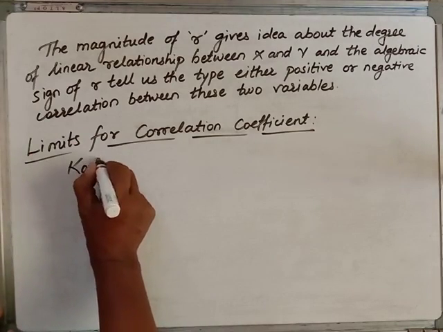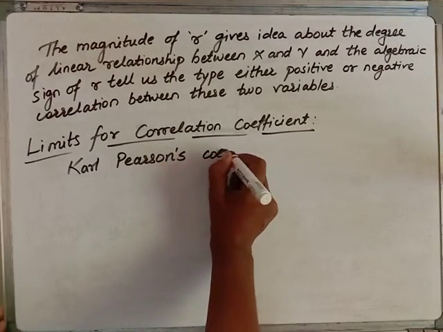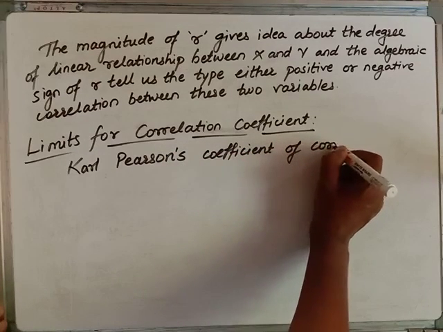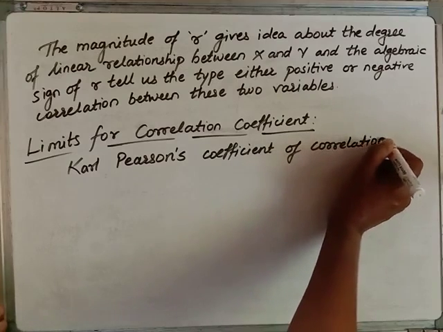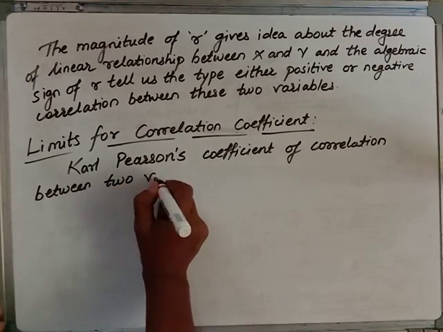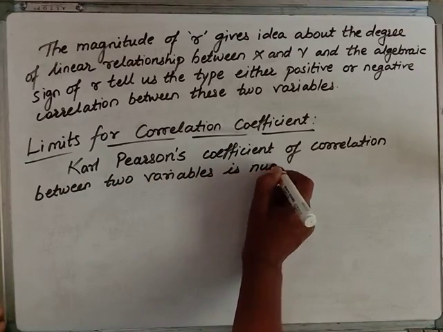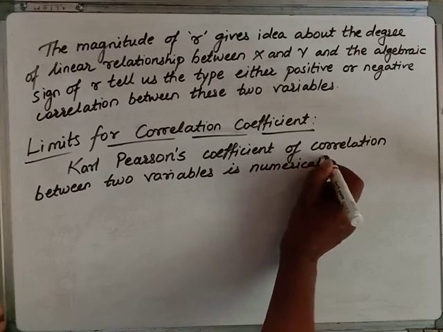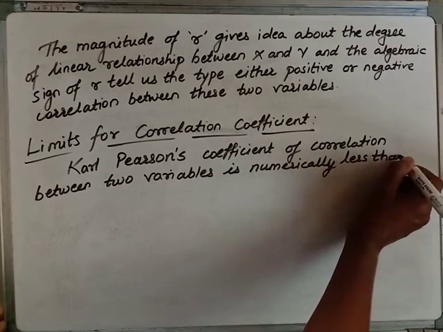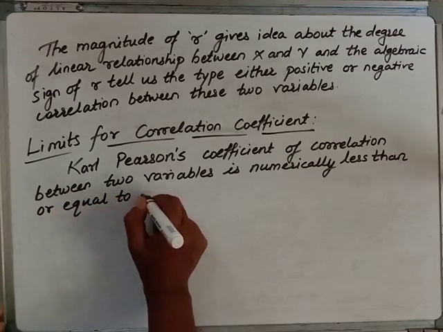Karl Pearson's coefficient of correlation between two variables is numerically less than or equal to unity.